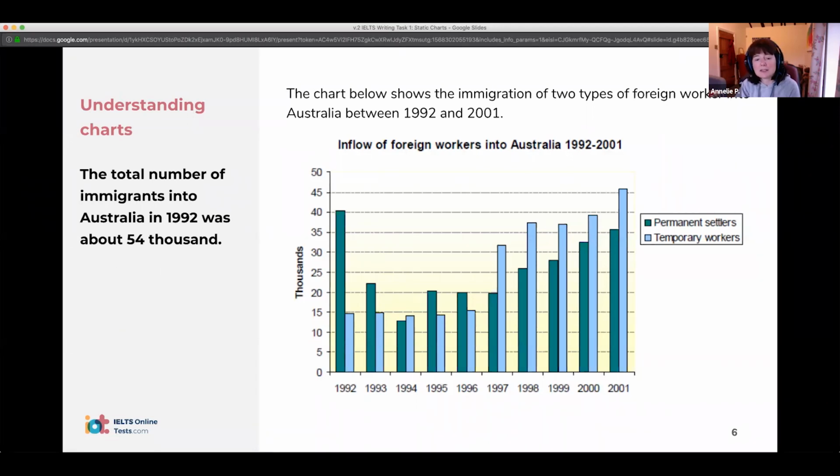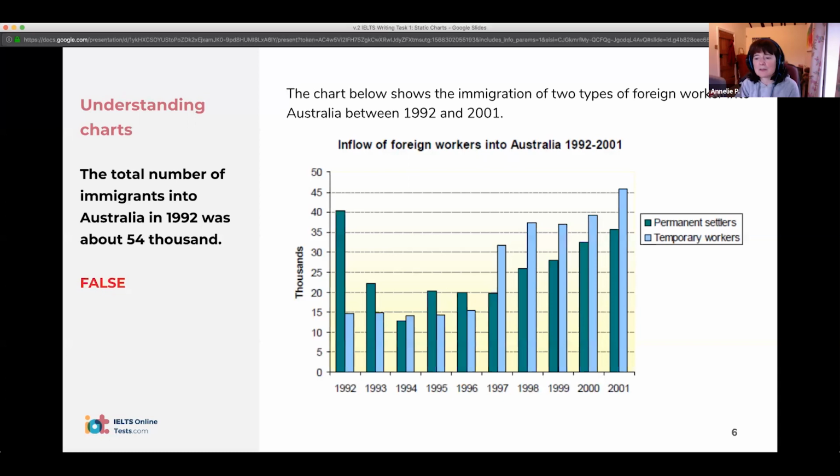Total number in 1992, about 54,000. Total number of immigrants. Okay, good. Give me a reason as well. Okay, so now it's false. Why is it false? Think about what it's saying and what we talked about at the beginning. Don't worry so much about the number. You're right, you're adding the two numbers together to get 54, but what are we talking about?